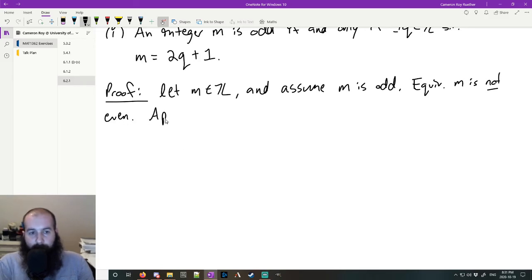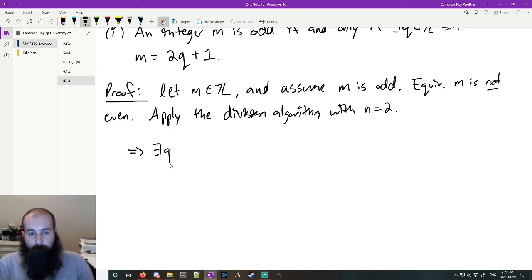Now we're going to apply the division algorithm where our chosen n is going to be 2. So therefore, this will produce unique q and r integers such that m is equal to 2q plus r, and r is between 0 and n minus 1, which is 1.